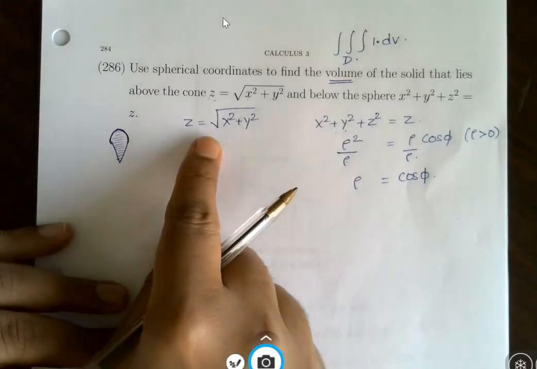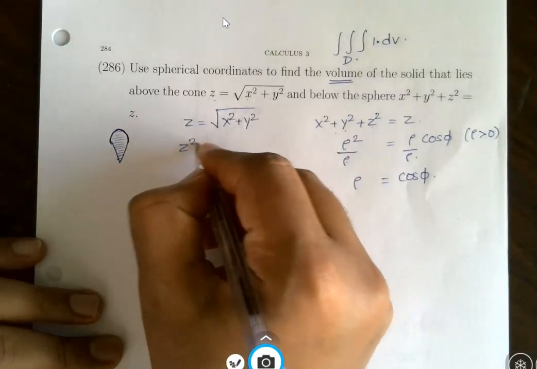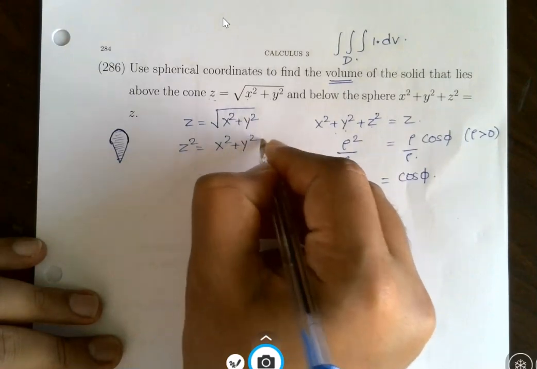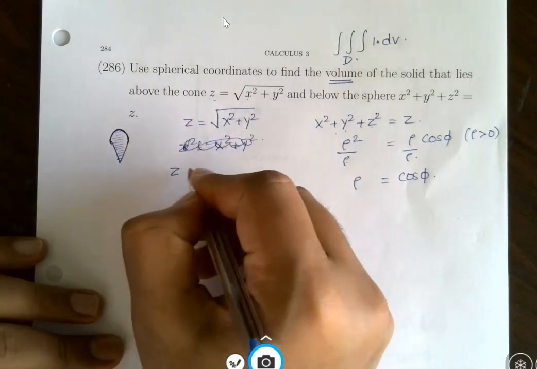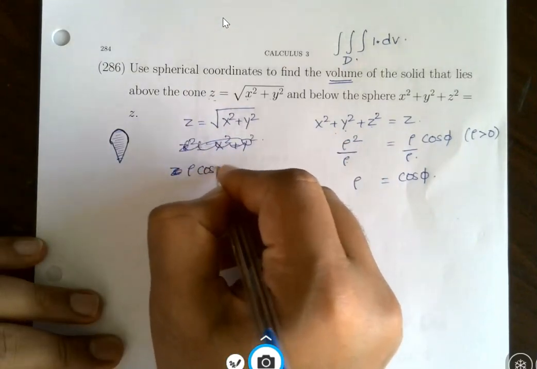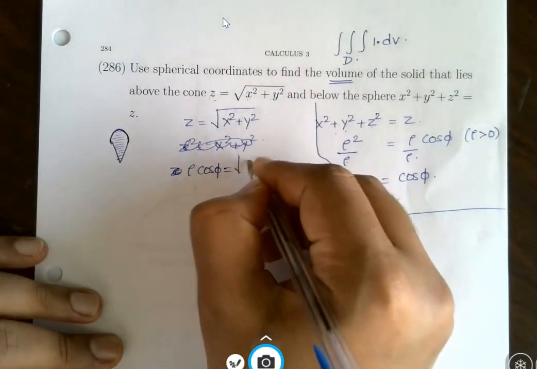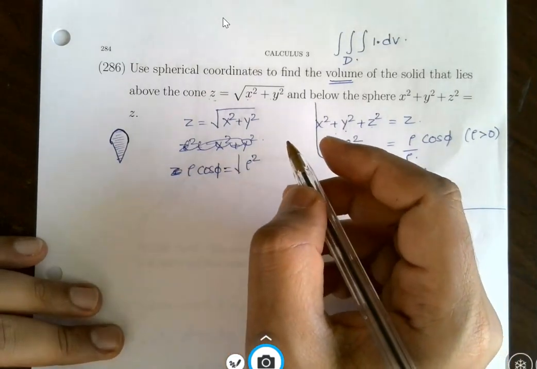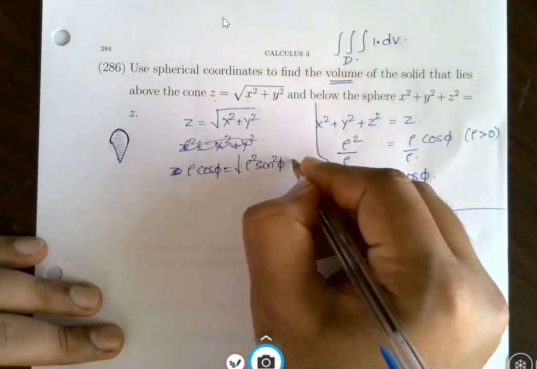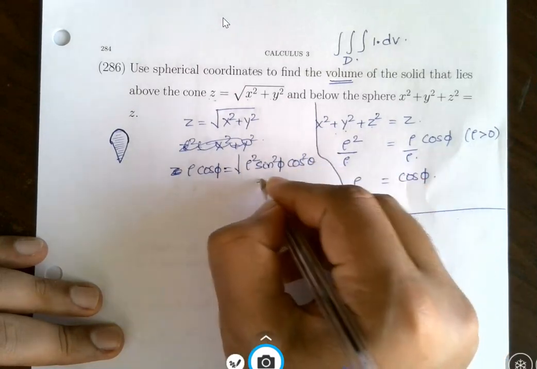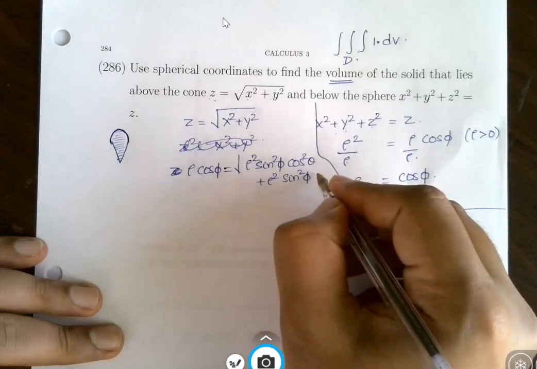The next thing is the cone. z is rho cosine phi, equals square root of rho squared sine squared phi cosine squared theta plus rho squared sine squared phi sine squared theta.